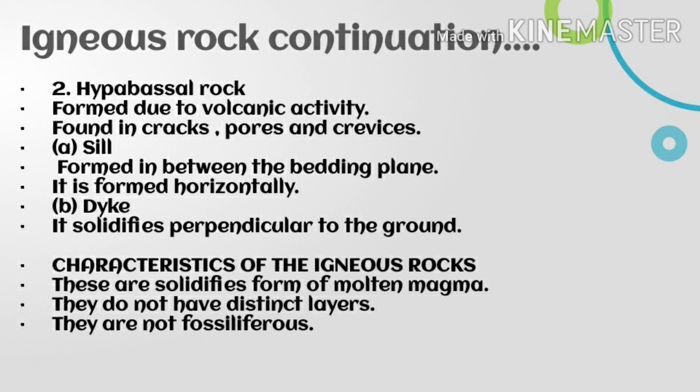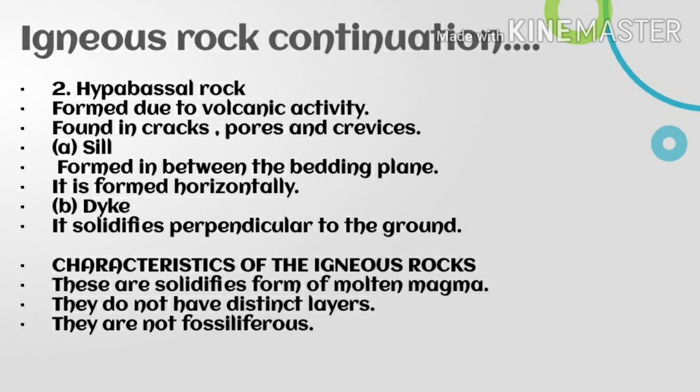When volcanic activities are taking place, the volcano does not get on the surface, but rather some part of the magma, via the conduit, enters the cracks and pores present underneath the surface of the earth, and then it solidifies. That is known as hypabyssal rock or hypabyssal intrusive igneous rock.